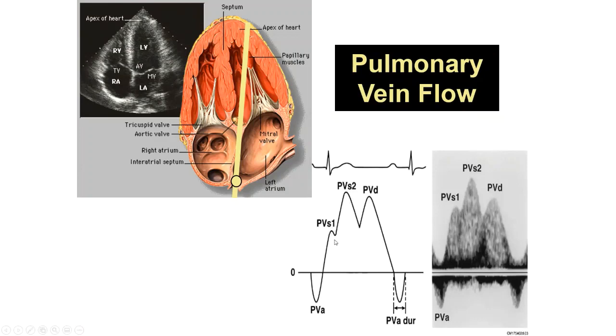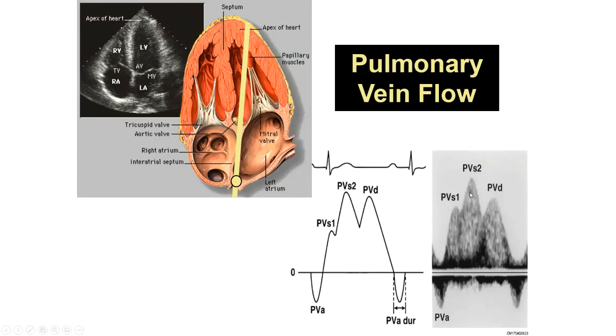Now, what about the systolic components to it? Well, the first component of the systolic wave is caused by relaxation of the atrium after atrial systole. So one does not see this in atrial fibrillation.